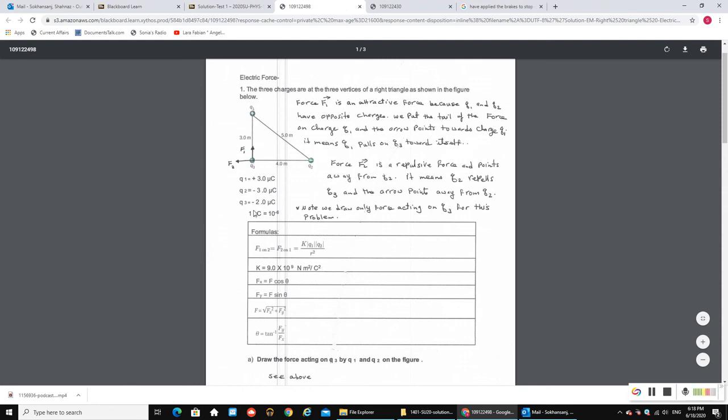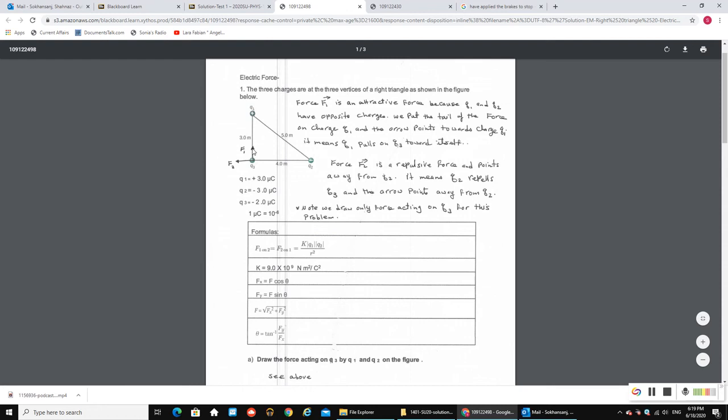Q3 is negative. Look at it, it is negative 2 microcoulombs. Q1 is plus. So one is plus, one is negative, which means this is an attractive force. So Q1 is pulling Q3 towards itself.